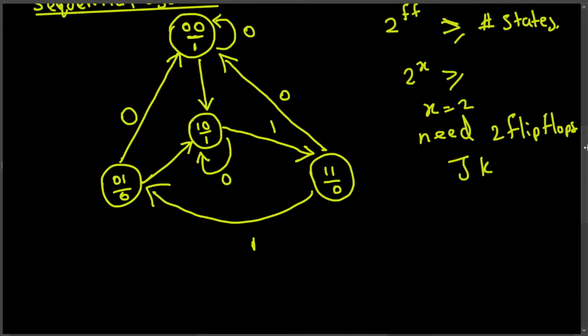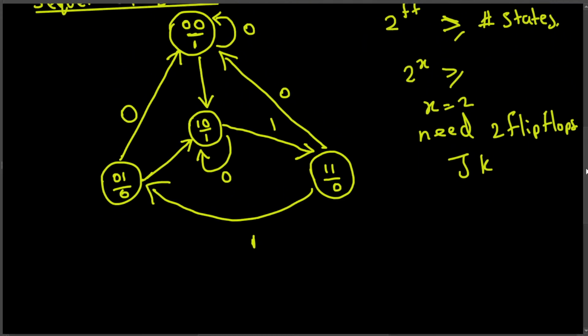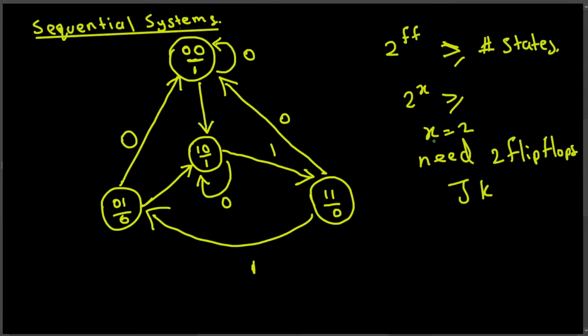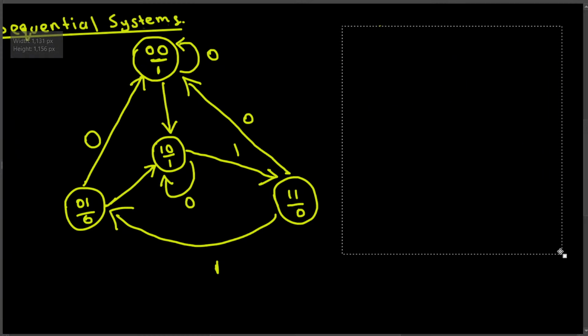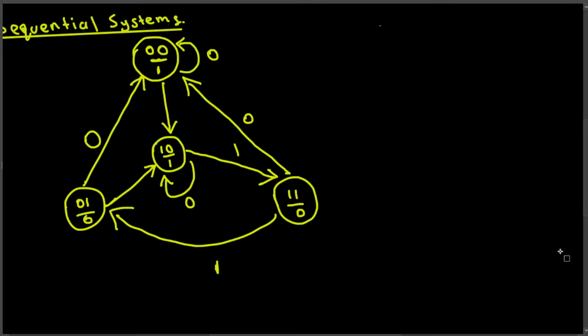First thing we have to do is write the truth table for this. Okay, let's see if I have enough space. I'm going to do it right here. Let me erase this thing. Okay, let's go. Here first we are going to write the current states, that is Q1 and Q2.